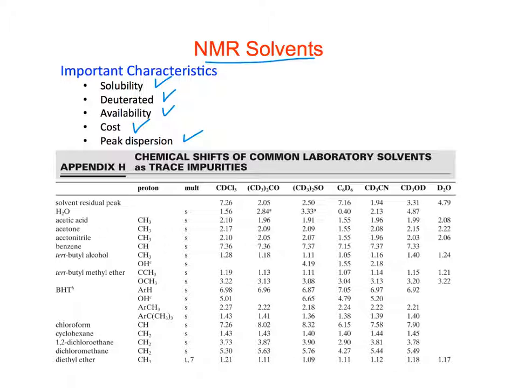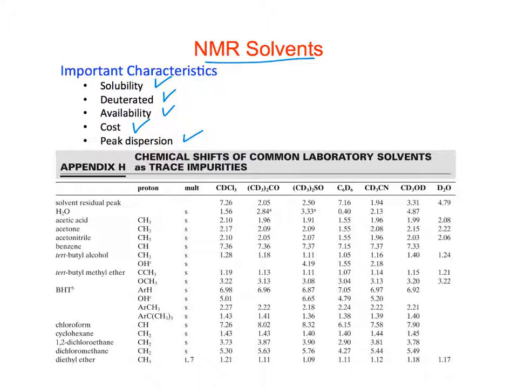Okay? The other thing that we talked about is where, for example, the water peak will show up, right? Because if the water peak is just right on top of signals of interest, or if the solvent peak is right on an area of interest, you might want to choose a different solvent to move those out of the way.